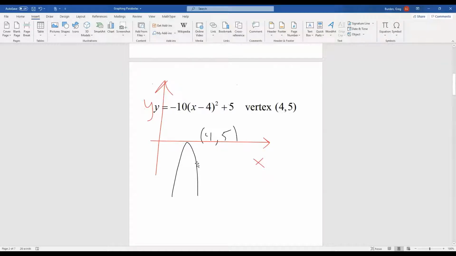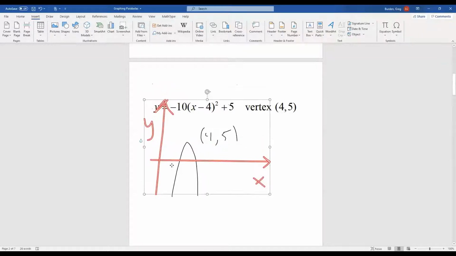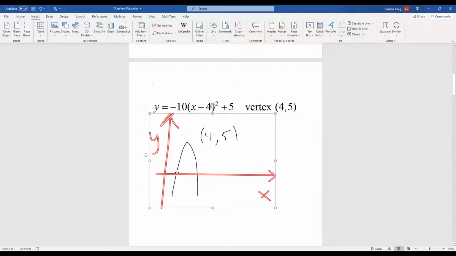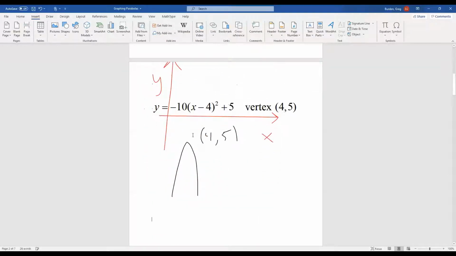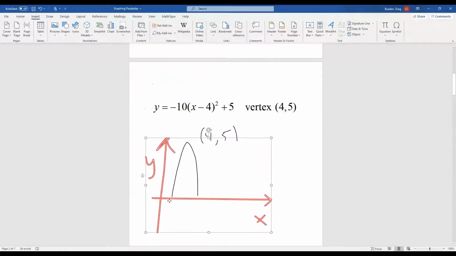So it can happen where you have exactly 1 x-intercept, but the only way that can happen is if that is the vertex. And of course, you can also have a situation like this where there is no x-intercept.